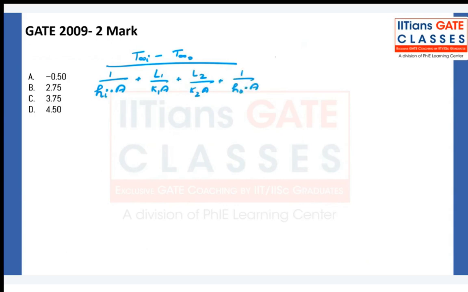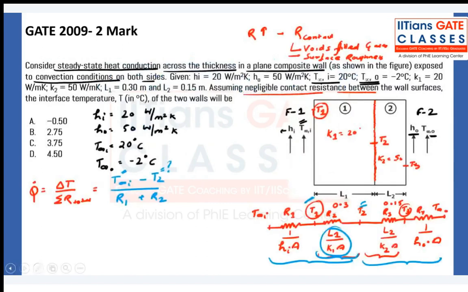And I can write T infinite I minus T2 equals 1 upon HIA plus L1 upon K1A. Now you need to just put all the values. I know that it is 20, I think. It is 20, yes.